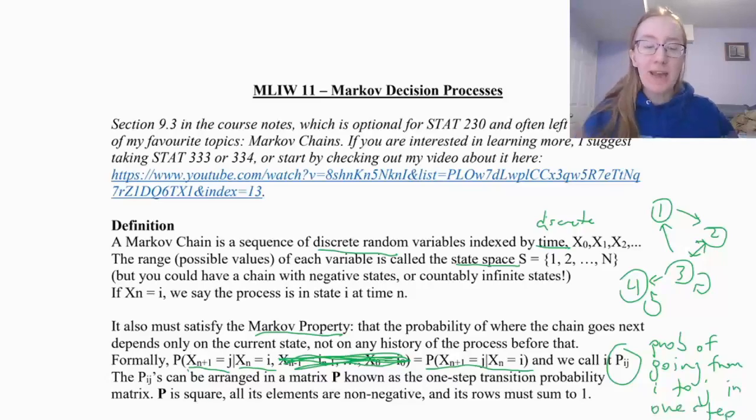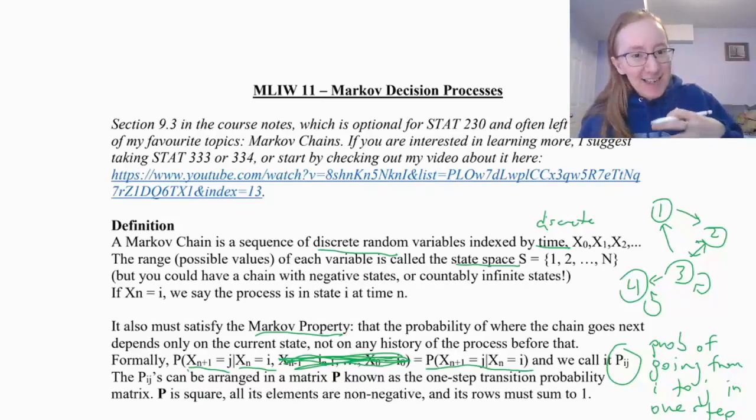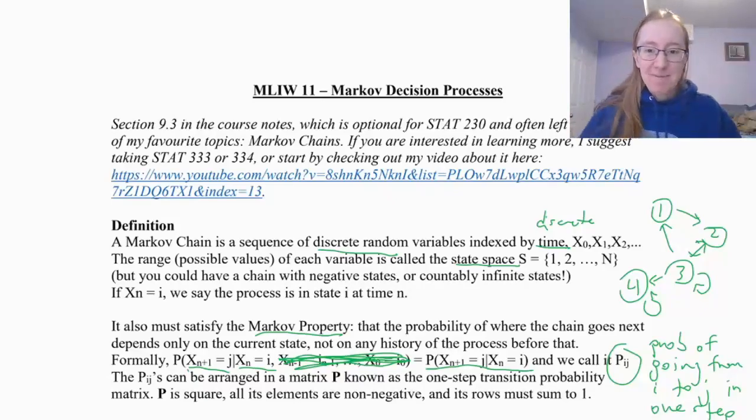And then, of course, we have Pij for each value of I and each value of J, where I and J are states in the Markov chain. And so we can put them into a matrix, which we call capital P, and it's known as the one-step transition probability matrix, which is a long name, very descriptive, that contains the probabilities of transitioning from state I to state J in one step.